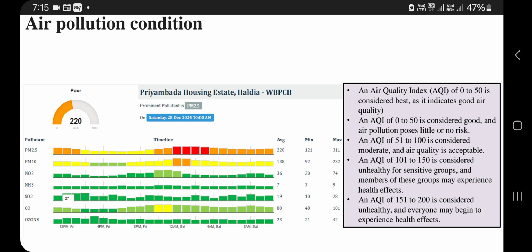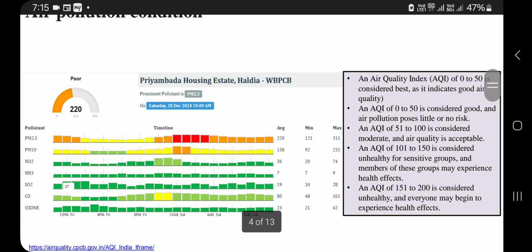We can see that the air quality index is 220, and normally it should be between 0 to 50. Here it is 220, much greater than the value which is unhealthy, and health effects are prevalent in these conditions.